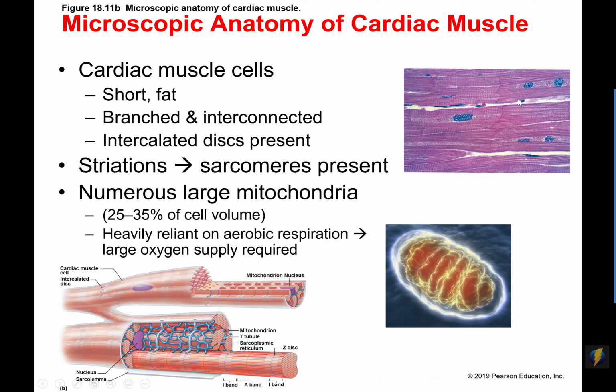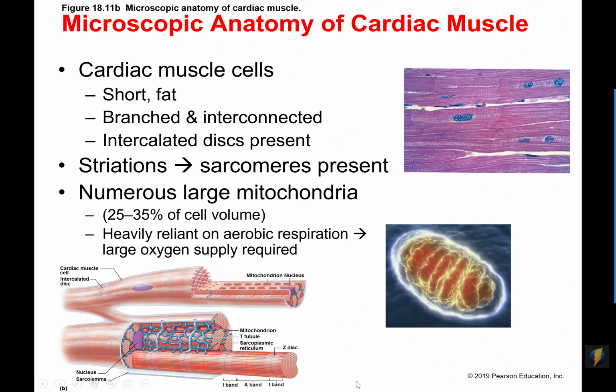Before we break with this lecture, we're going to briefly talk about the microscopic anatomy of the heart. So we're really talking about the microscopic anatomy of cardiac muscle. The heart is mostly just the cardiac muscle. So unlike skeletal muscle, which is kind of long and kind of straight, the cardiac muscle cells are really short and fat.